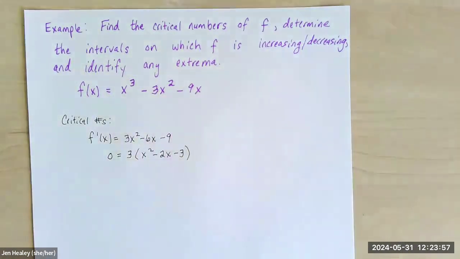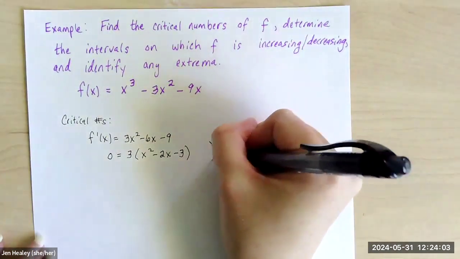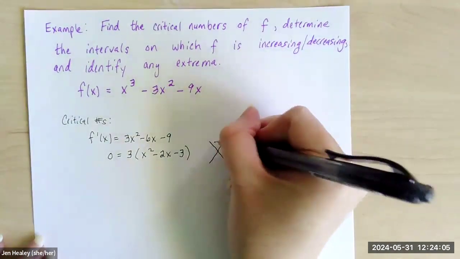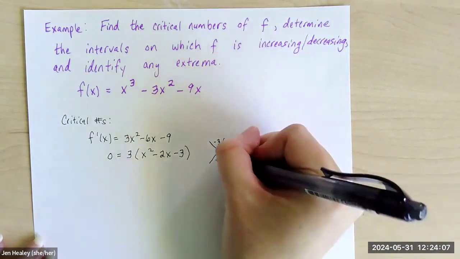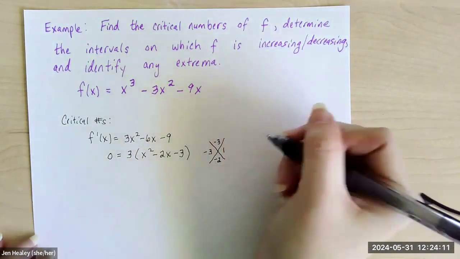I factored a 3 out. And I can factor this. I need two things that multiply to give me -3 that add up to -2. -3 and +1.